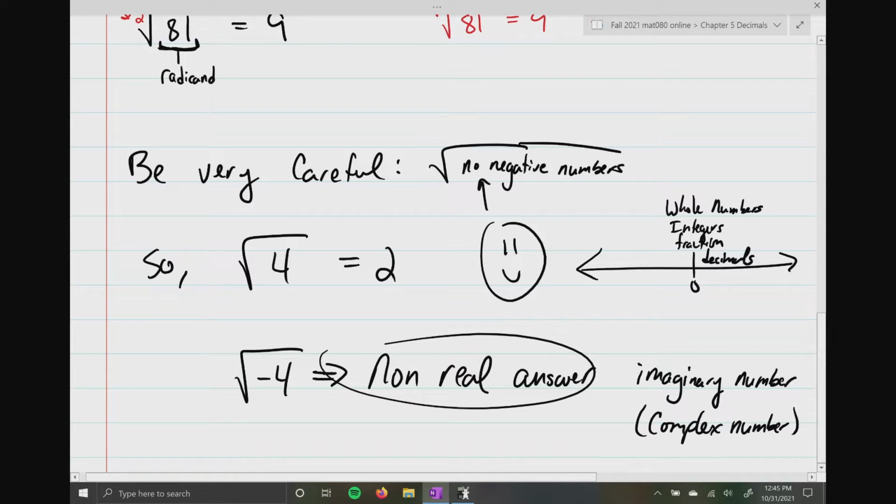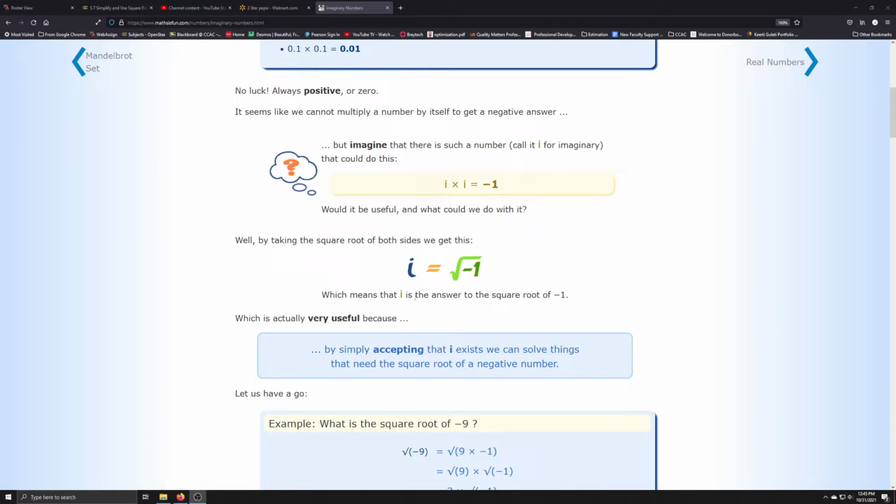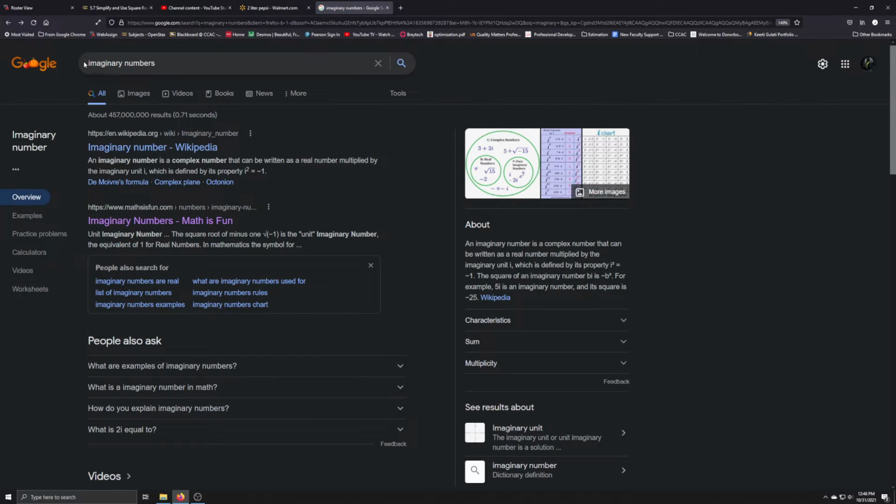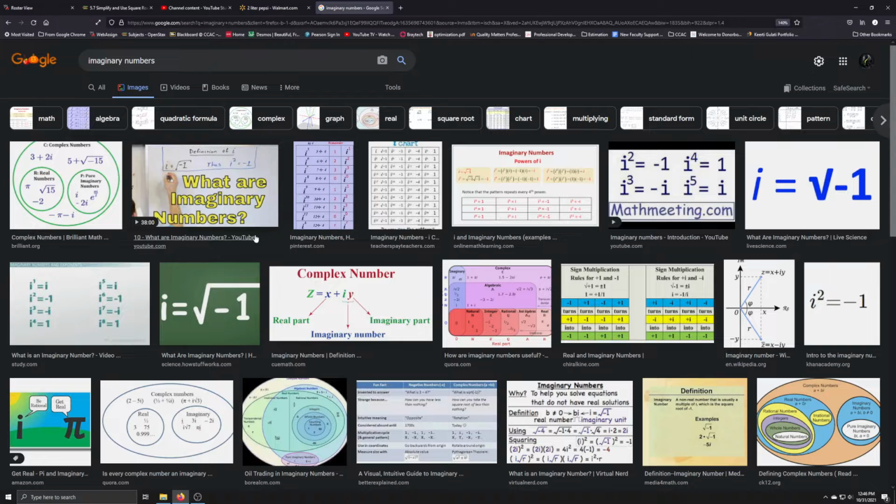So, without going too far into it, I'm just going to go over to here and show you that the letter i is equal to the square root of -1. And that is what we call an imaginary number. So these imaginary numbers do exist. All right, you can go to the Google machine and just type in imaginary numbers, and there's all this stuff about imaginary numbers.